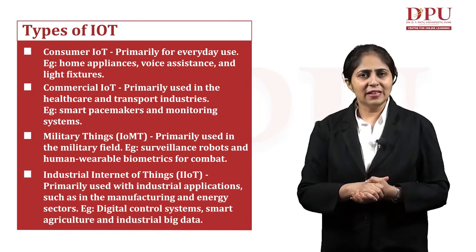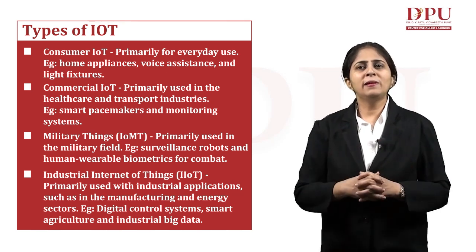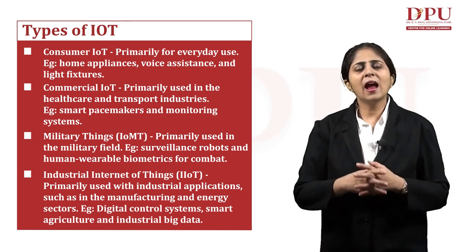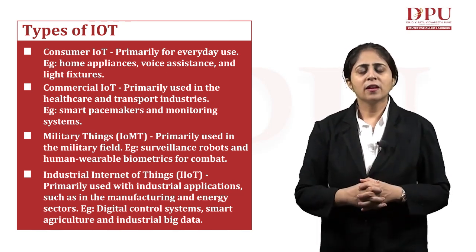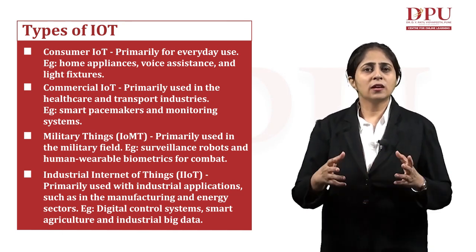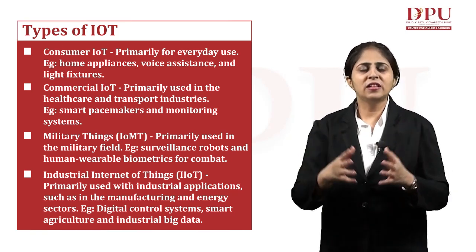Then we have the next one, that is industrial Internet of Things. It is primarily used with industrial applications like manufacturing and the energy sectors. For example, we have digital control systems today. We have smart agriculture. We have industrial big data.